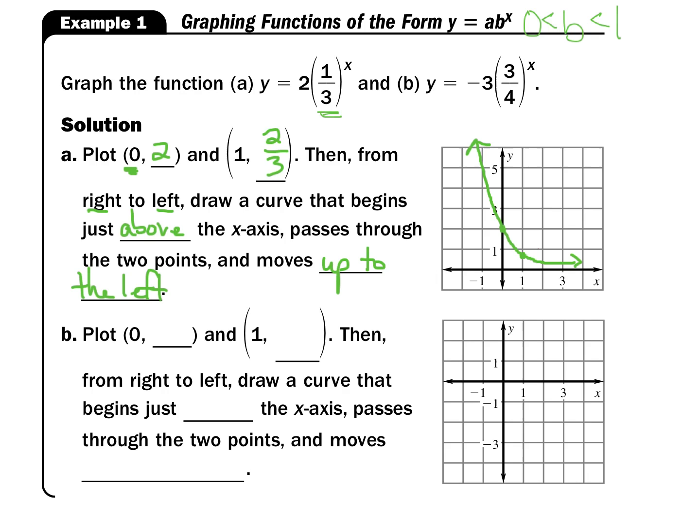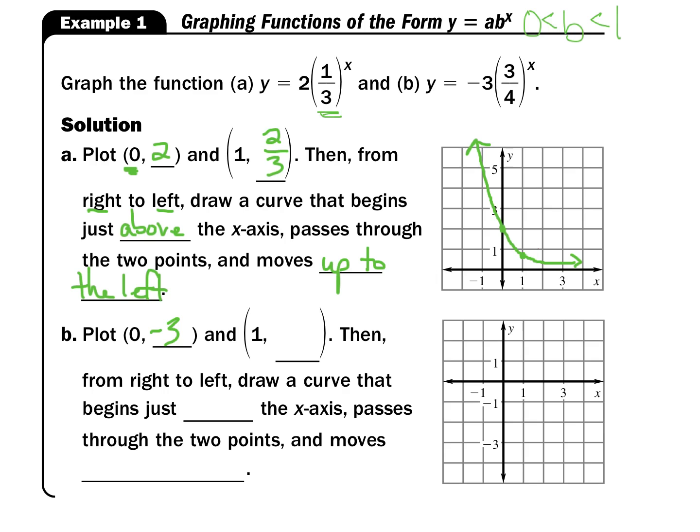For b, we have y equals -3 times the quantity 3/4 to the x power. This time when I plug in 0, I still get 1 for my 3/4 to the 0 power, because anything to the 0 power is 1, times -3 is -3.